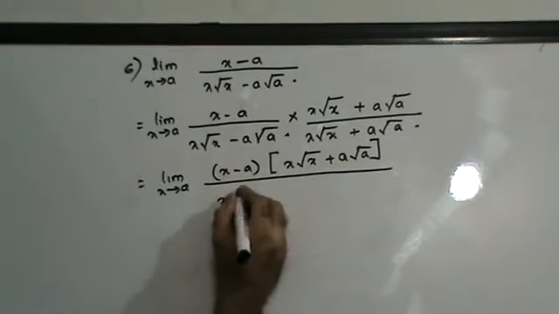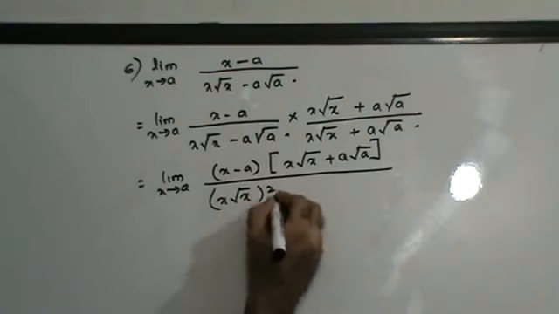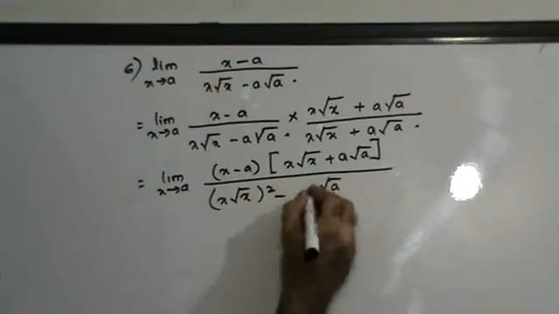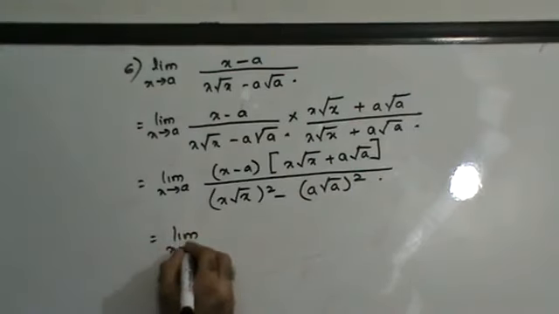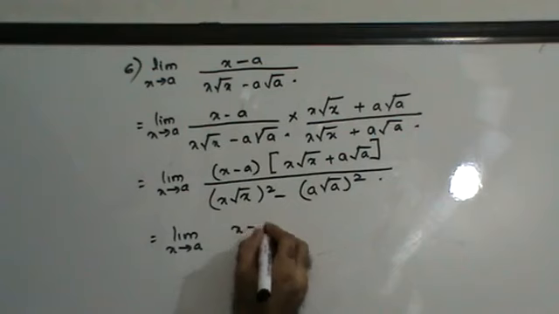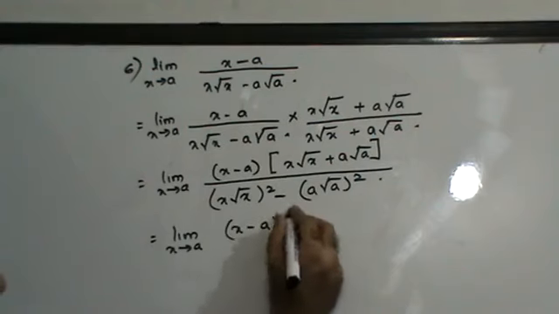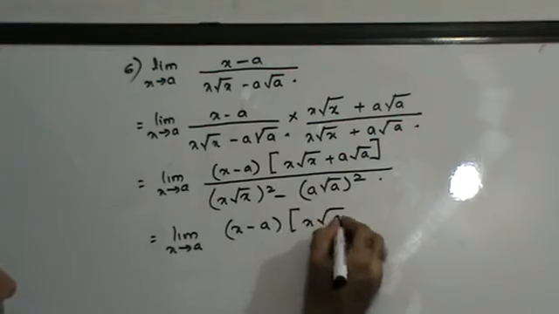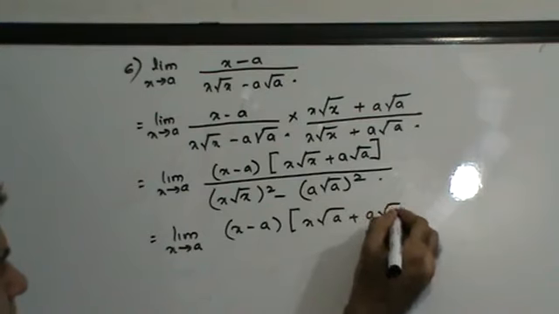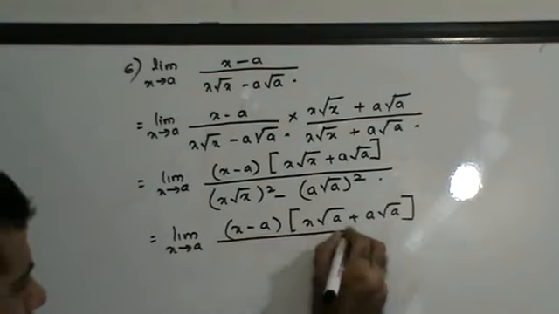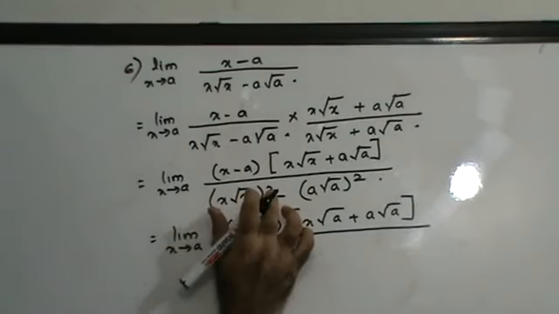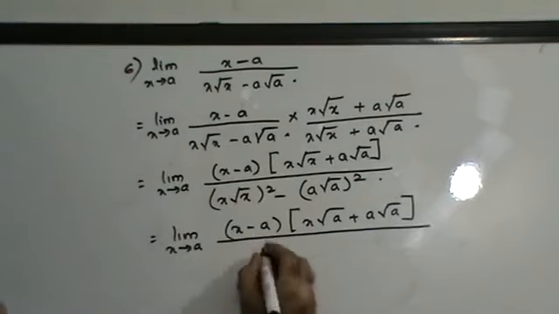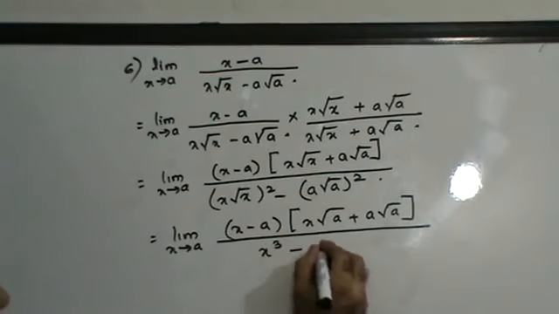So this is x root x the whole square minus a root a the whole square. This can be written as limit of x tends to a, x minus a, x root x plus a root a upon x square, root x the whole square is x. So x square into x is x cube minus a cube, right?